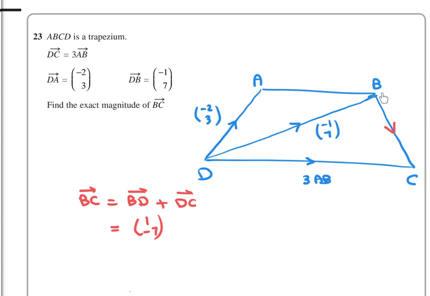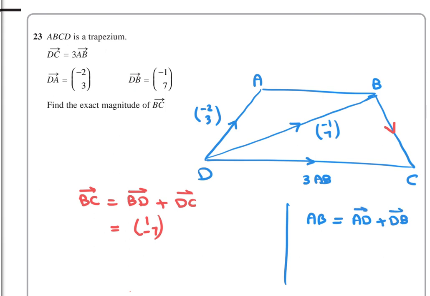To find vector AB, we can use AD plus DB. So vector AB equals vector AD plus vector DB.